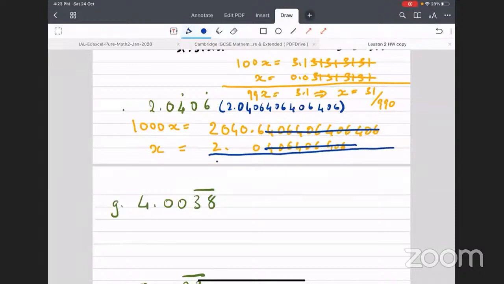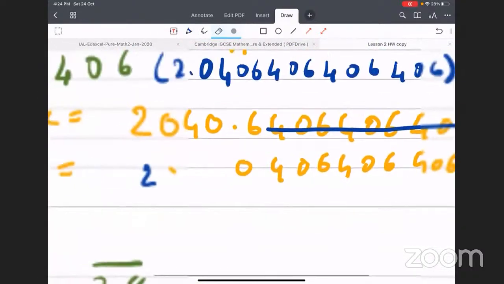So 999x would be equal to... Oh my god, my handwriting is very big. One minute, let me zoom.